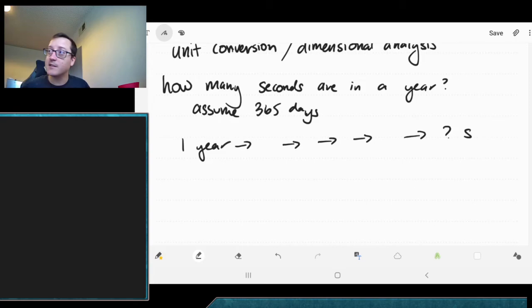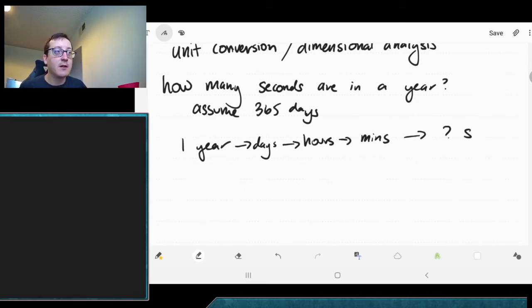Seconds is abbreviated s, by the way. A year is really long, a second is really short, and there are some units in between that we know. I put a bunch of arrows there, but I may or may not have the right number. A year we can convert to days, days into hours, hours into minutes, and then minutes to seconds.